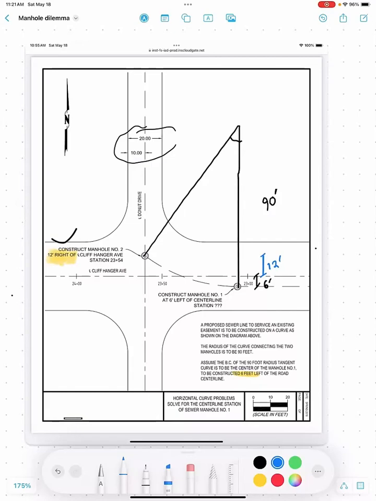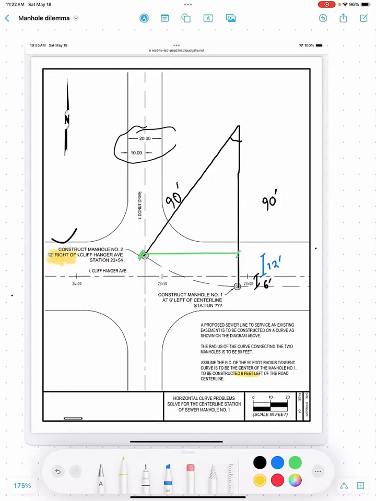What does that give me? Well, that gives me the ability to create a whole new triangle here. Because really what we're after is stationing along that line. We have a start here and an end here. And we know that is 90 feet.